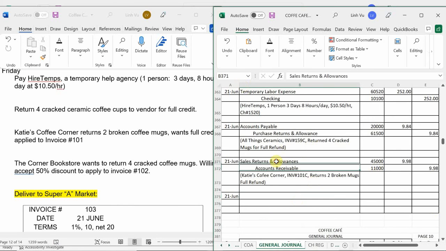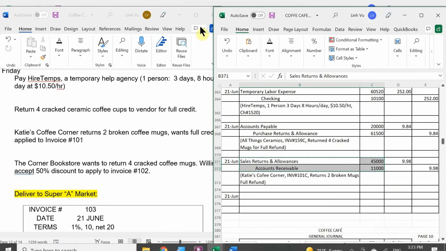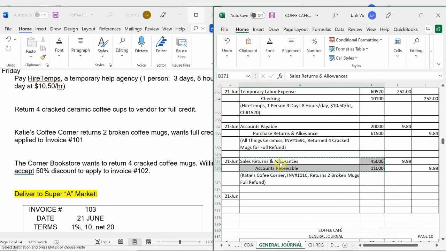Same thing from above, the sales returns and allowances and accounts receivable. In this case, it's exactly the same as above. The only difference is the description below it. This time we charge $4.99, and he's returning 4 of those mugs but is willing to accept a 50% discount.